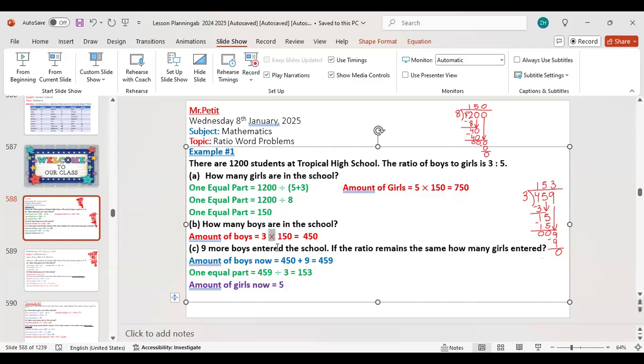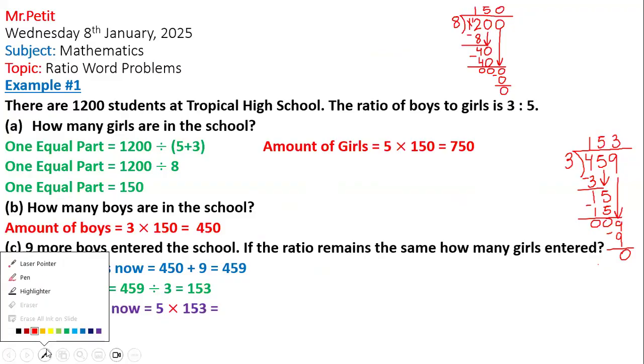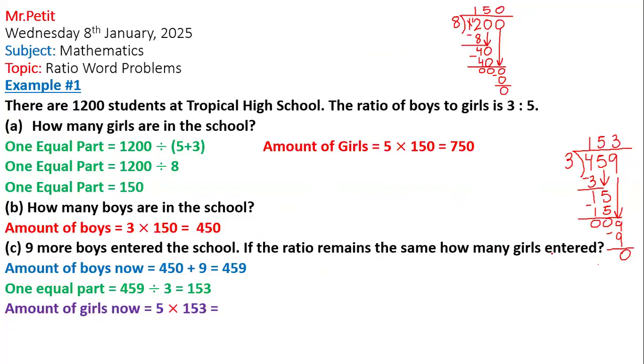Times 5. 153 times 5, which equals what? 765.